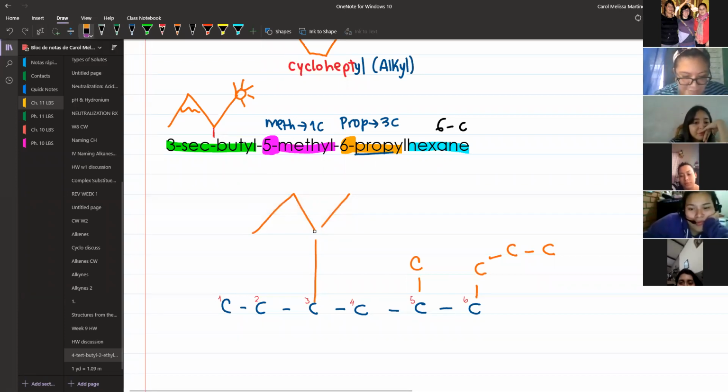So one carbon here. One carbon in each of the ends. And also one carbon here in the bend.